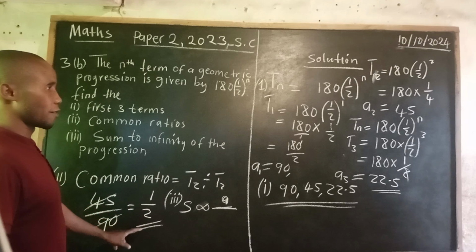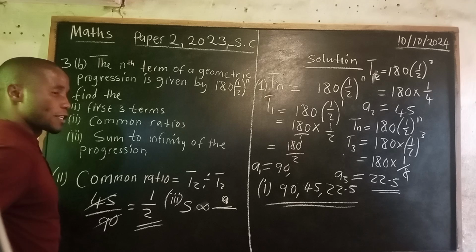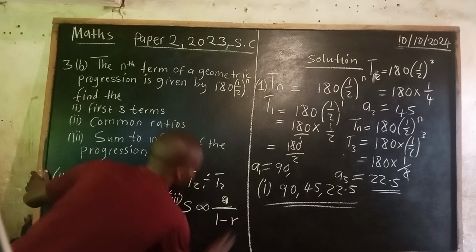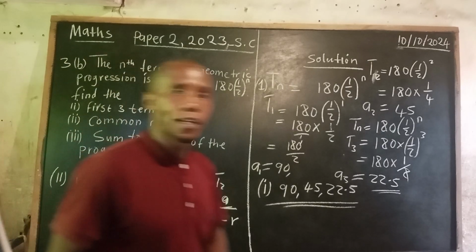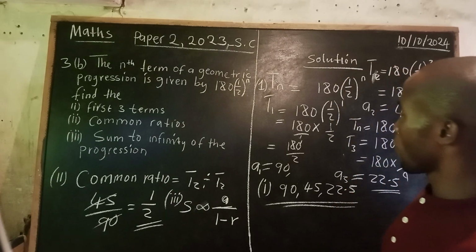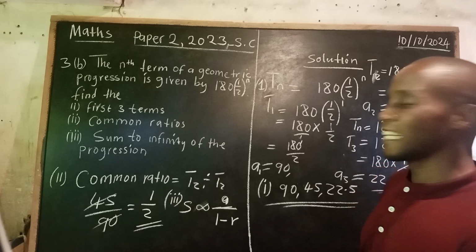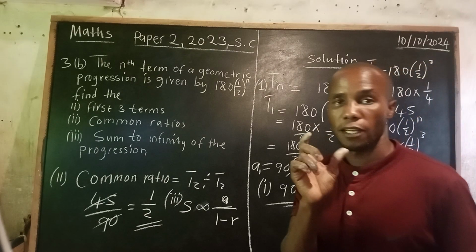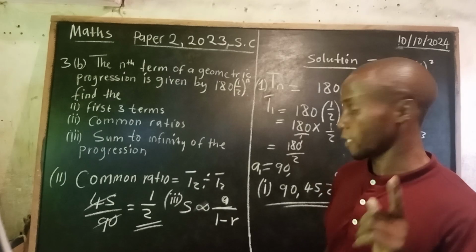It depends on the common ratio. When the common ratio is greater than 1, you say r minus 1. But when the common ratio is less than 1, you start with the 1, so 1 minus r. That concept, you have to know it by heart.